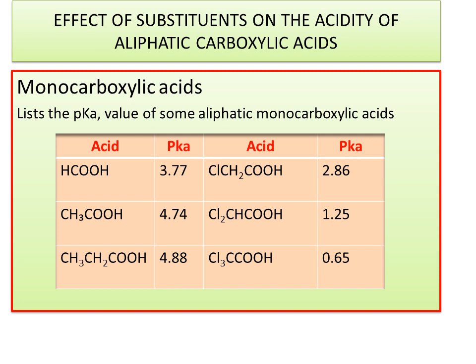Similarly, monochloroacetic acid is less acidic, whose pKa is 2.86, compared to dichloroacetic acid which has a lower pKa value, 1.25, which in turn is less acidic compared to trichloroacetic acid because its pKa is only 0.65. If pKa is low, then the acid is strong.